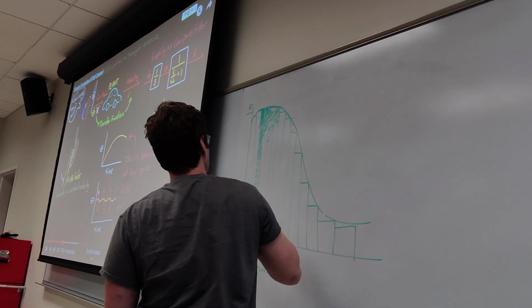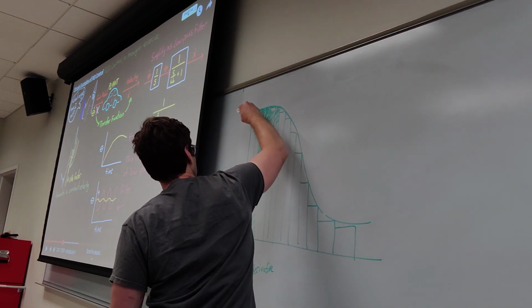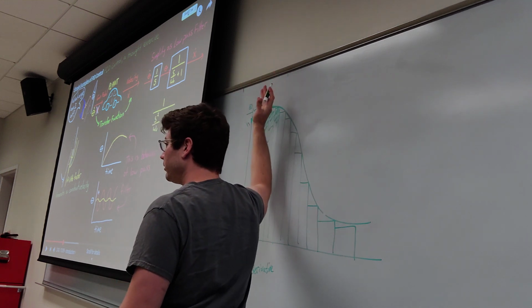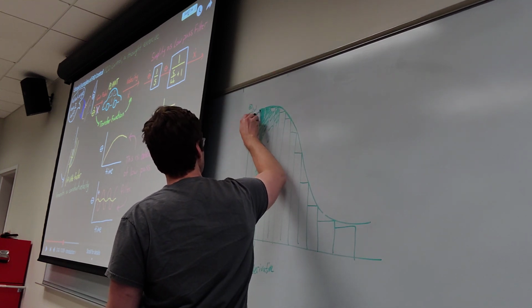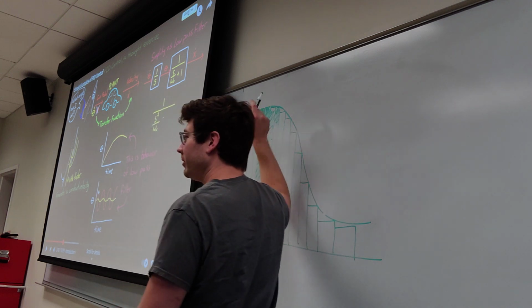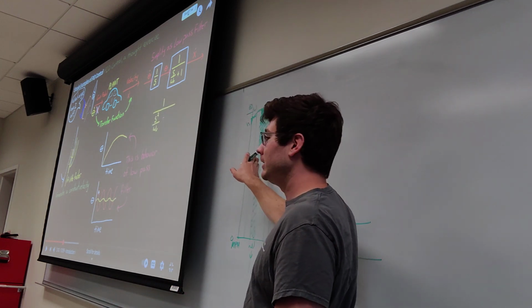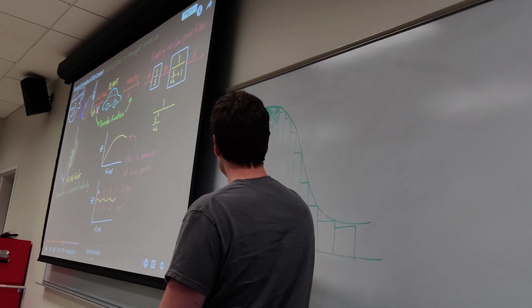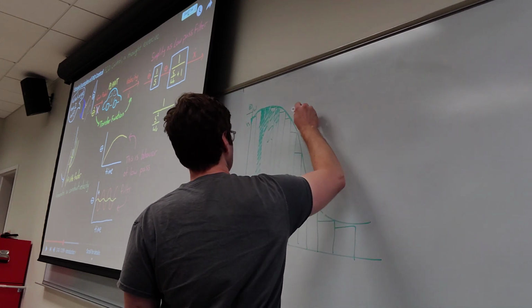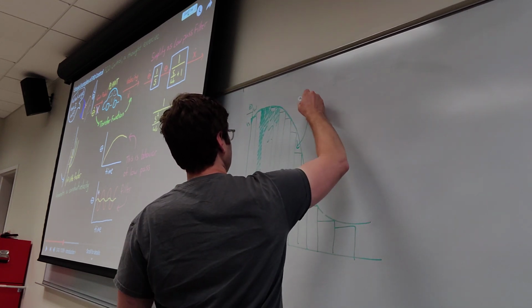The way I do that is by taking the height of each of these. This has a height and a width. They're all the same width, so we multiply this height by this width, height by width, height by width, and that gets the area of each of these bars. If you add up each of the areas of these bars, we get the area under the curve.